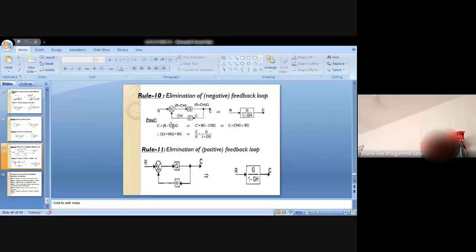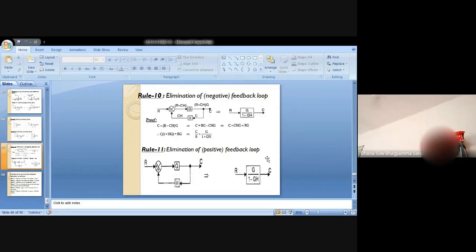If I go for positive feedback, this will become minus. How will it become minus? Here plus will be there, so you will get R plus CH, and C equal to R plus CH into G. I am talking about the positive feedback loop; the earlier one is for negative feedback.